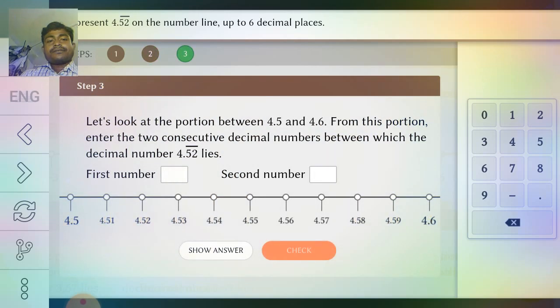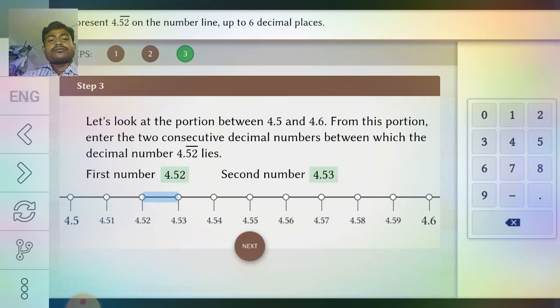Step 3. Let's look at the portion between 4.5 and 4.6. From this portion, enter the two consecutive decimal numbers between which the decimal number 4.52 bar lies. First number is 4.52 and second number is 4.53.